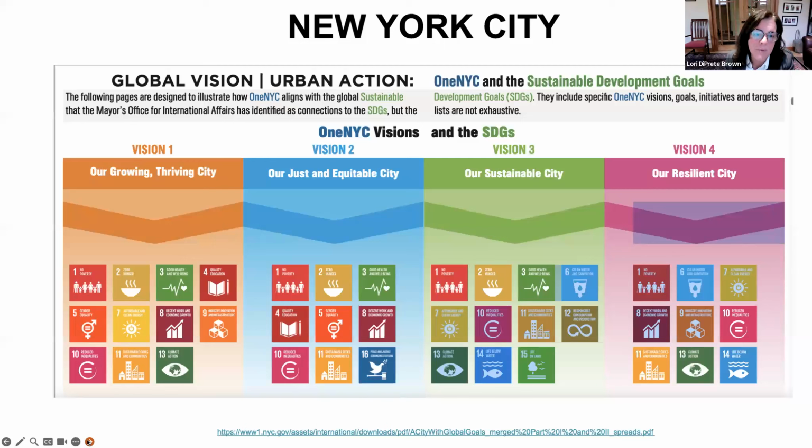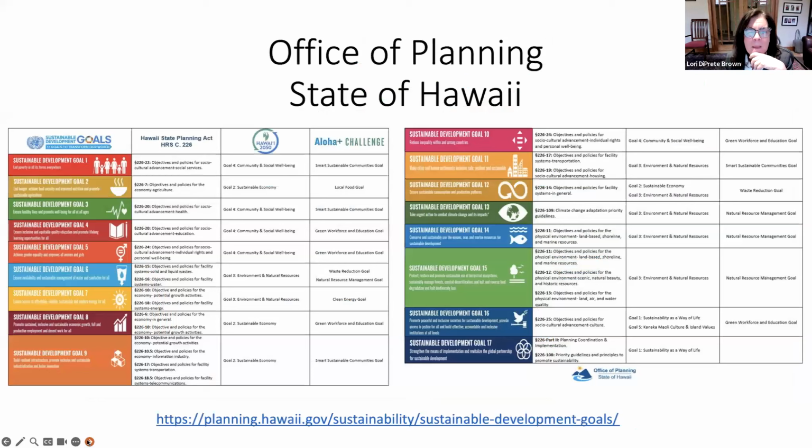Here's an example from New York City and their city plan. They've taken each of the core components of the four strategies for their One NYC vision, and they've shown what SDGs they link to. Here's an example from Hawaii doing the same thing. Hawaii has an Aloha challenge, a statewide challenge, and a state planning act.